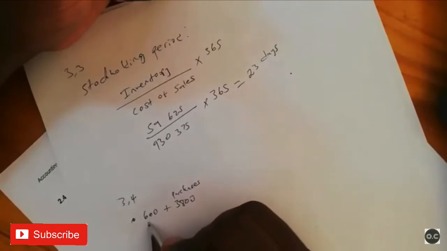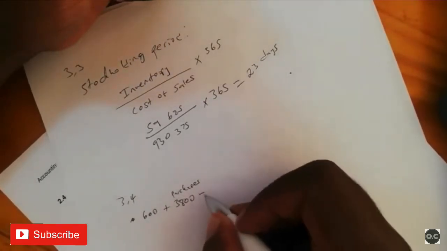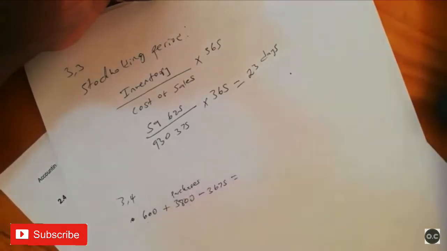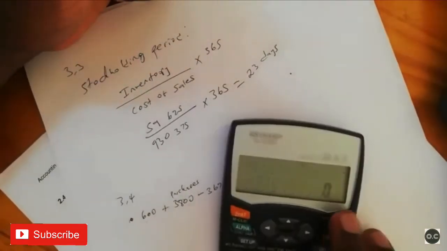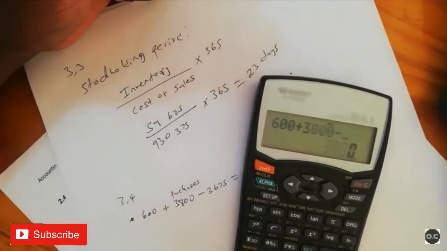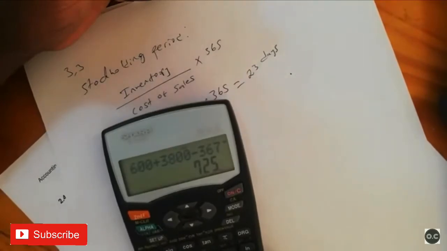So 600 that you had at the beginning plus the ones you bought. Then if you subtract the ones you sold, 3,675, whatever you get should be the lamps you should have left at the end of the year. Do you agree? I think you do. So at the end of the year, you should have 725 lamps.